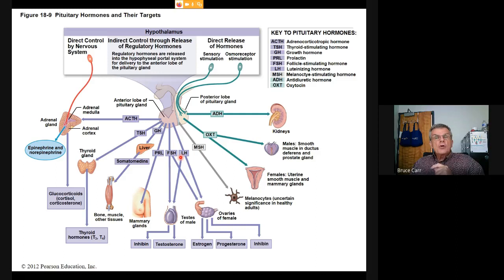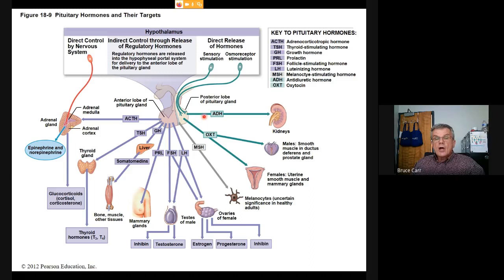And you're basically going to not only release it, but you're going to delay its development to correspond to the arrival of sperm and enhance the potential for fertilization. Over here we have the direct release with oxytocin affecting reproductive organs, mostly the ductus deferens and prostate gland in the male, mostly the uterine smooth muscles and the mammary glands in the female.